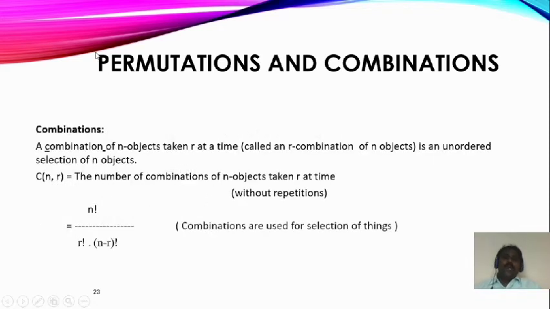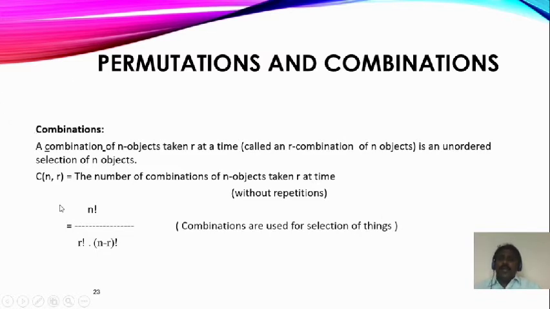Now I am discussing combinations. What is the meaning of a combination? Combinations mean a selection of things. Simply, if anyone asks for the definition of combination, we can say that combinations are used for selection of things.